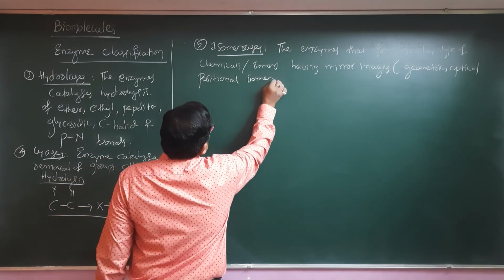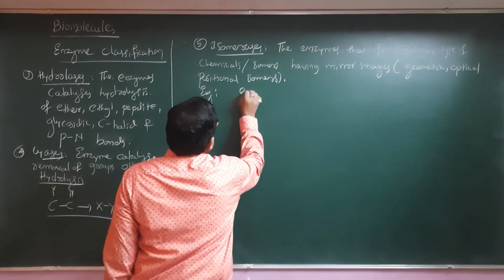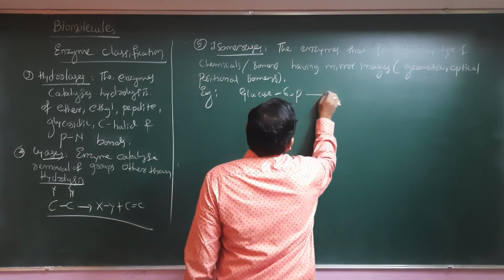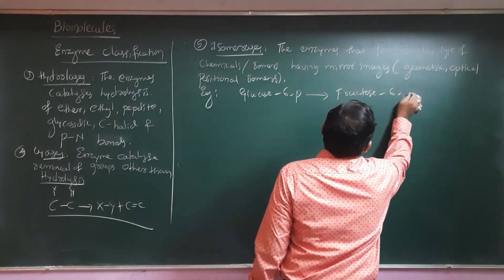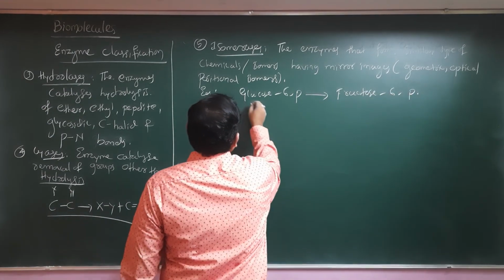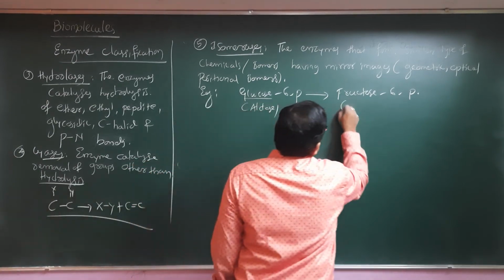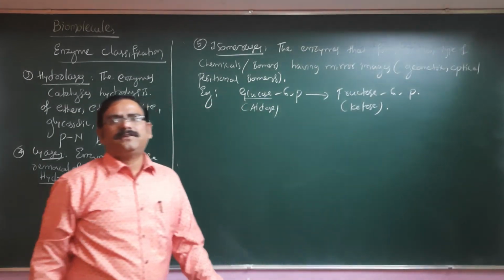So an example: glucose 6-phosphate is converted into fructose 6-phosphate. It is an aldose group and a ketose. Both have C6H12O6 only.